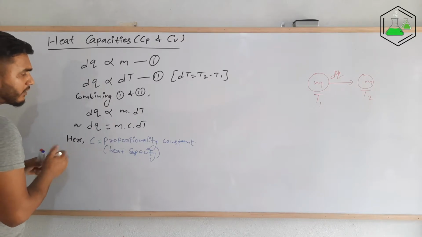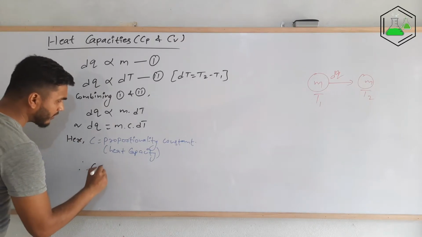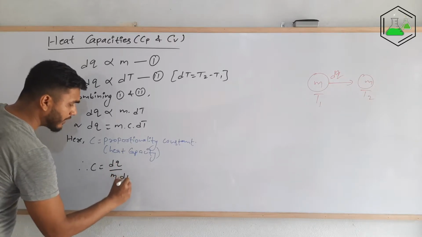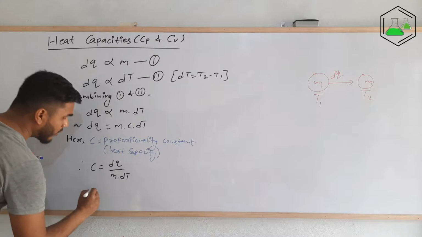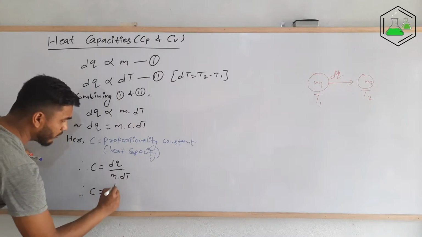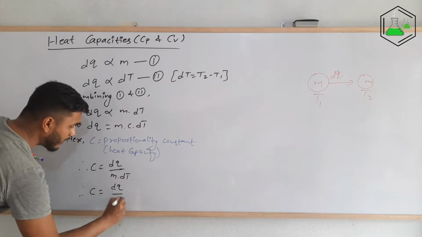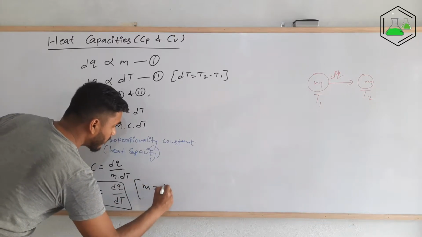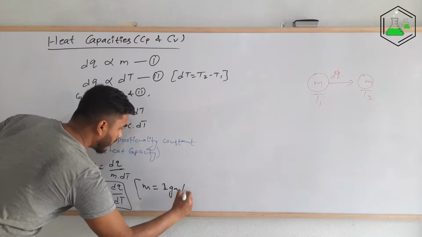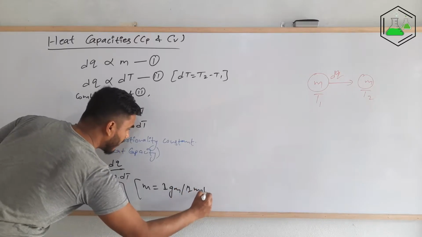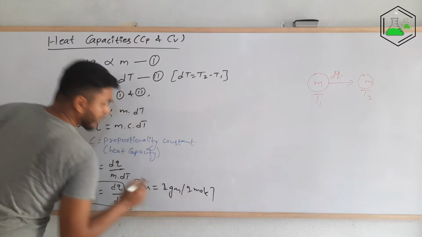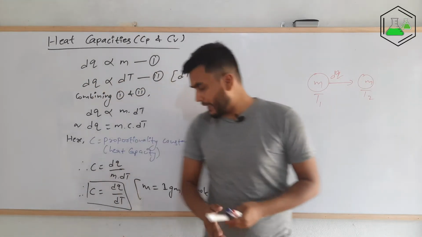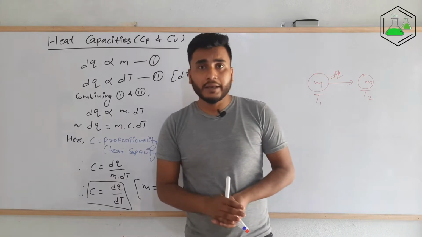Now, if we rearrange this equation, then we will get C is equal to dq by m into dT, right? Similarly, we can write C is equal to dq by dT if mass is equal to 1 gram or 1 mole. Now, here I have written two units, gram and mole. Gram is for specific heat capacity and this mole is for molar heat capacity.